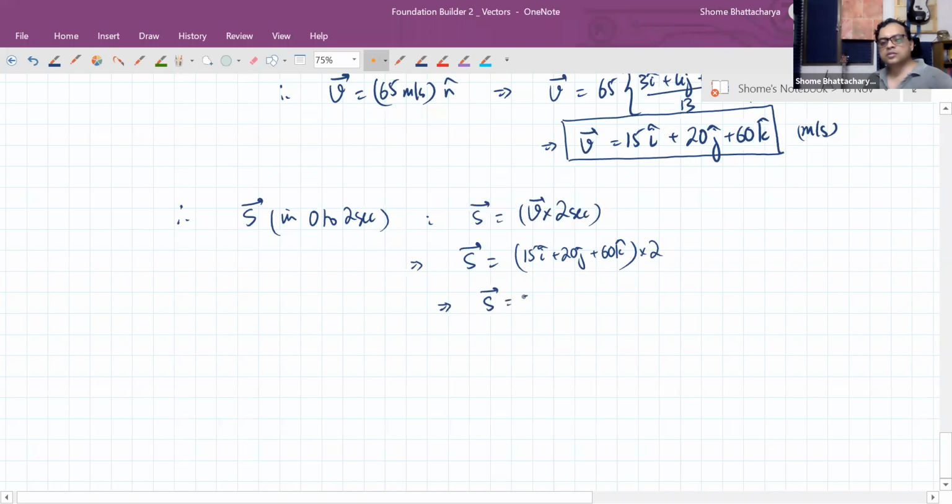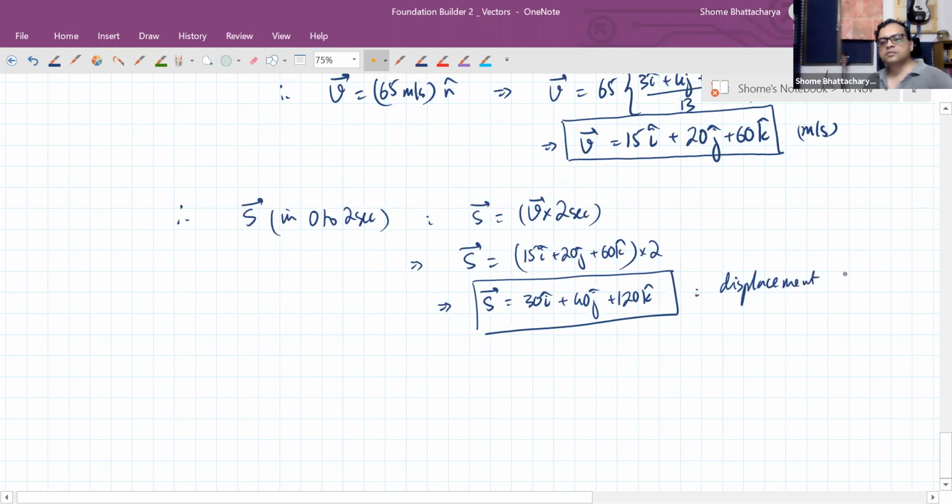So this is 30 i cap plus 40 j cap plus 120 k cap. So this is the displacement from the point A to C, whose coordinates you want to find out.